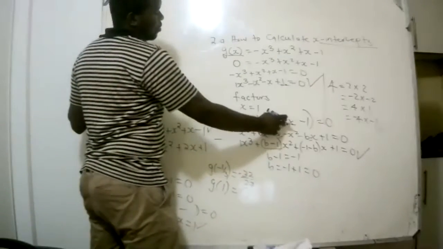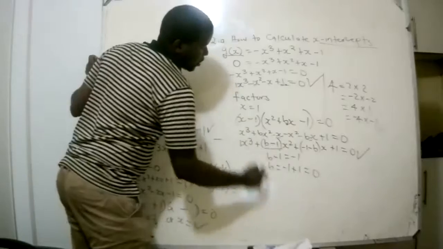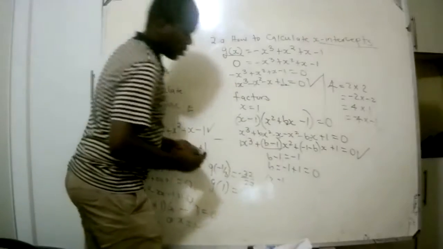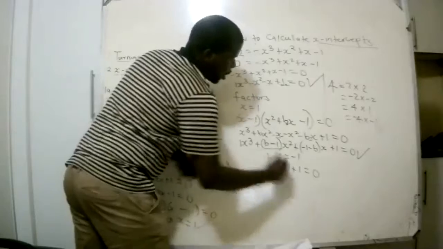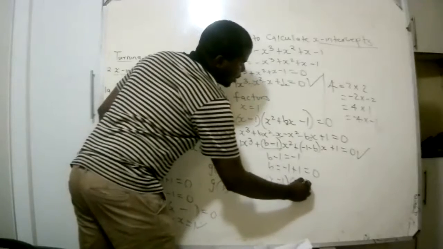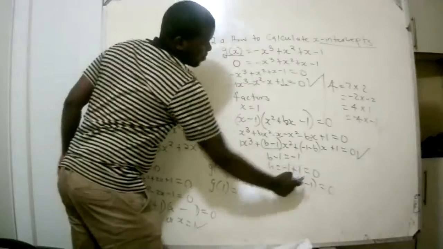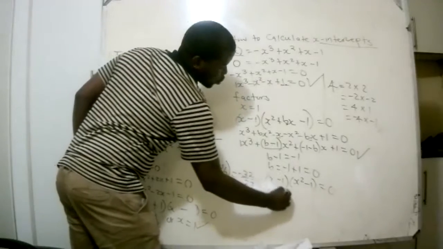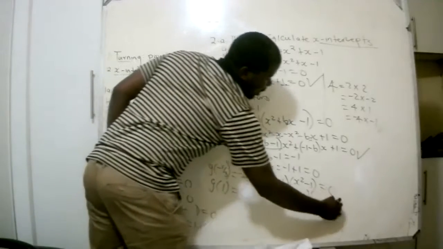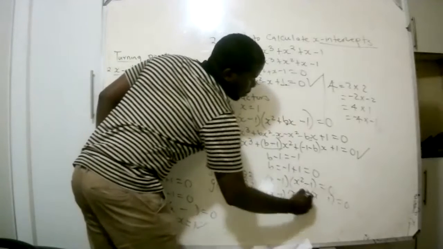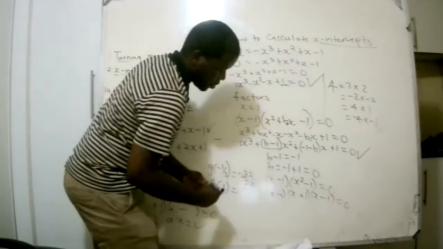You must substitute up there. So if you substitute up there, you're going to have x minus 1, x squared minus 1 equal to 0. We are now left to factorize that. It's going to be x minus 1, then we factorize the second bracket. It's going to give us x, 1, 1, positive and then negative.